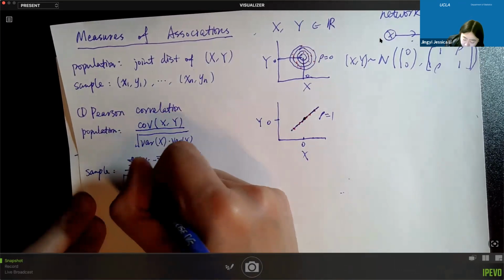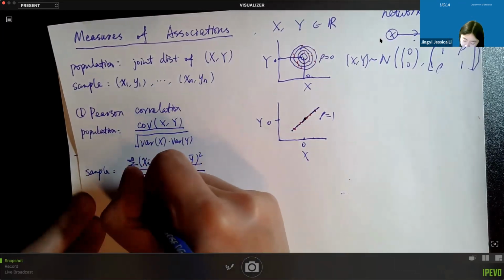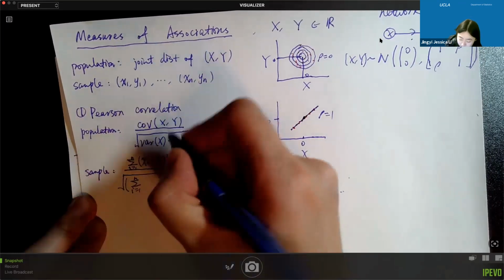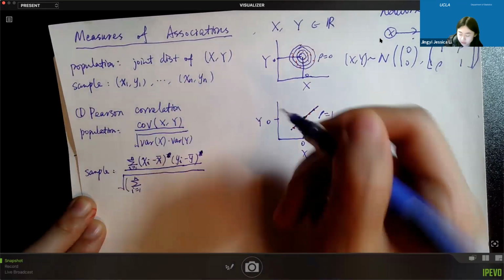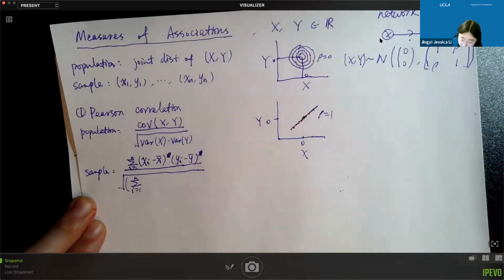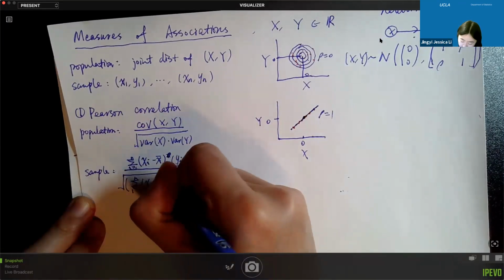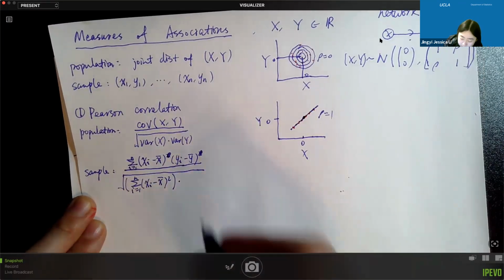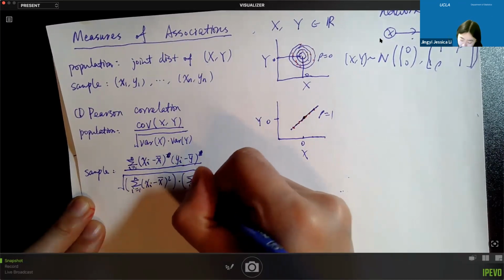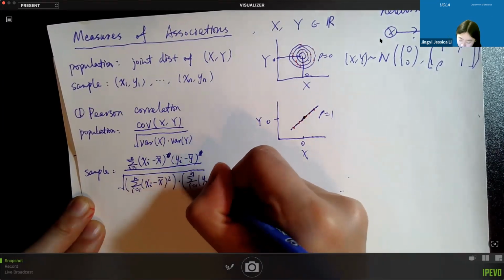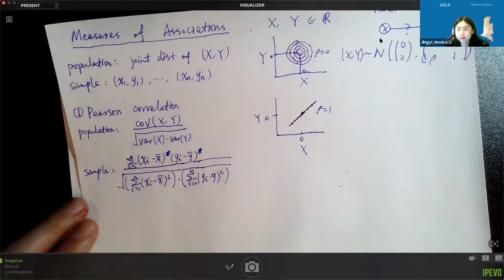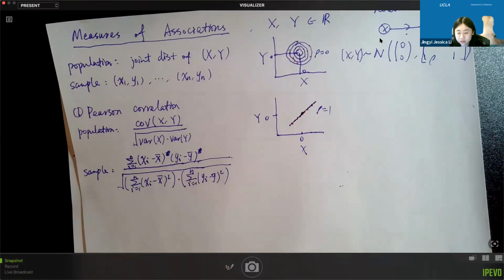For the denominator, I'm sorry, no square, just this. For the denominator, I'm just going to have the sum of (xi minus x bar) squared. That's the first term. I take the sum, and the sum multiplies another sum, i goes from 1 to n, (yi minus y bar) squared. That's the sample Pearson correlation. And that's what we usually calculate in practice.